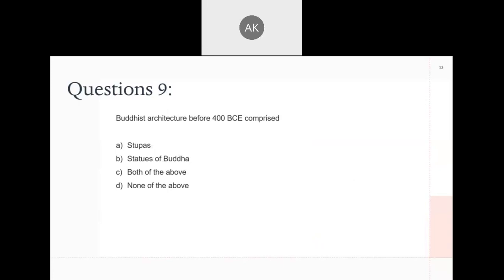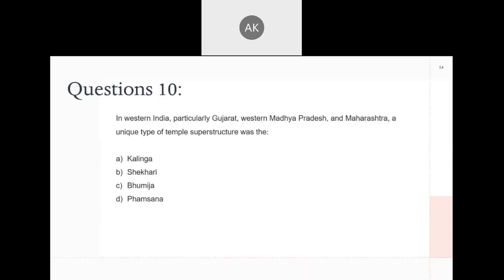Actually, Buddha was born in 564 BC, and the question is talking about Buddhist architecture before 400 BC. Roughly 100, 150 or 200 years after the death of Buddha, Buddhist architecture came into existence. So the answer will be none of the above, as before 400 BCE, Buddhist architecture was not existing.